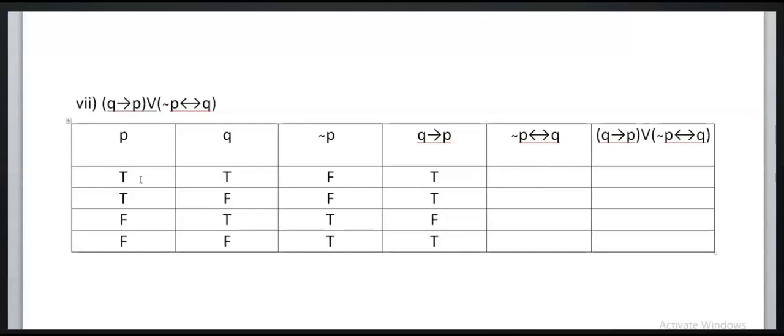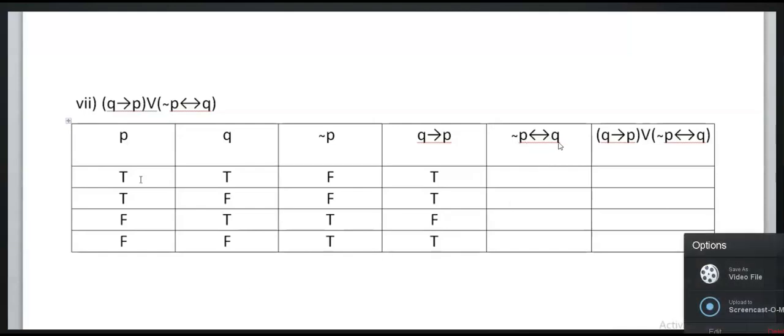See this next. Negation of P double implies Q. In double implication, both of them must be same. Whatever that is, true or false, then it is true. Otherwise false. Now in this case, what is it? Different. Therefore here is F. Same, true. Same, true. Different, false.